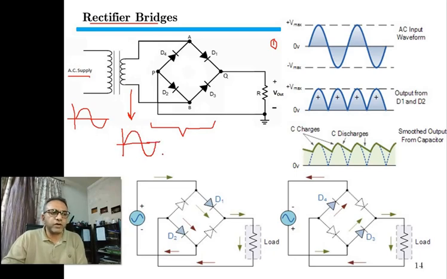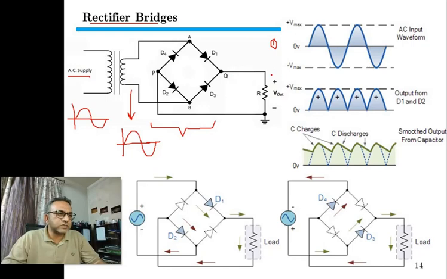Now we have to convert this secondary output sine wave into DC, and for this purpose we are using 4 diodes D1, D2, D3, D4. So this sine wave is the output of the secondary terminals of the transformer. AC input, AC output: as we have an AC input waveform, we also get an AC output waveform.